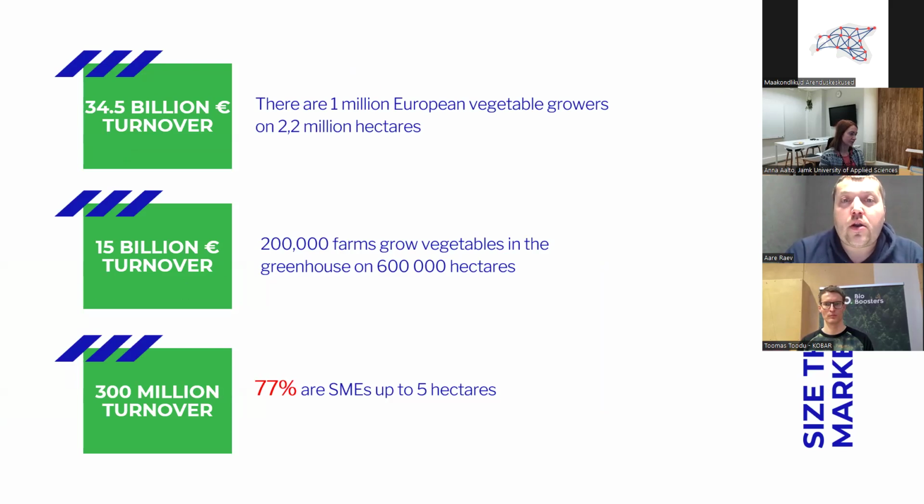We saw there are a lot of vegetable growers. We saw that there are over 200,000 farms who grow vegetables in greenhouses on 600 hectares. And what we saw is that 77% of them are SMEs, small and medium-sized businesses, with greenhouses of up to 5 hectares.